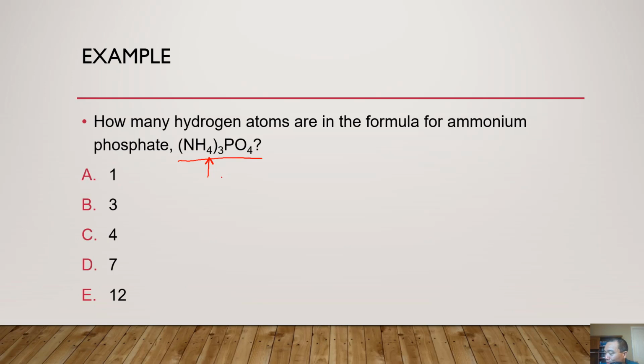However, for this number 3, it refers to the whole unit of NH4. For this reason, the number of hydrogens can be calculated this way. In each NH4, you have 4 hydrogen, and you have 3 as the subscript for everything inside the parenthesis. That's why you multiply this by 3. So you would end up with 12 hydrogens. So E is the correct answer.